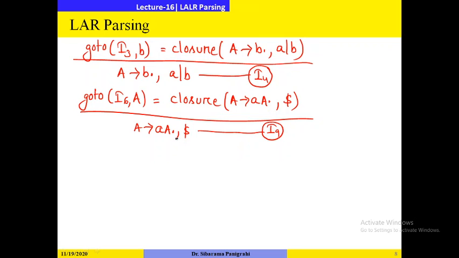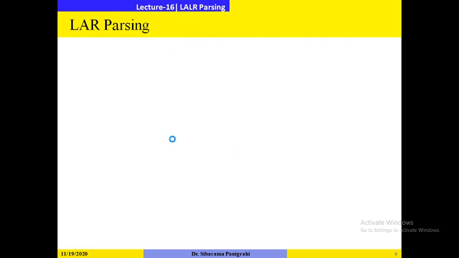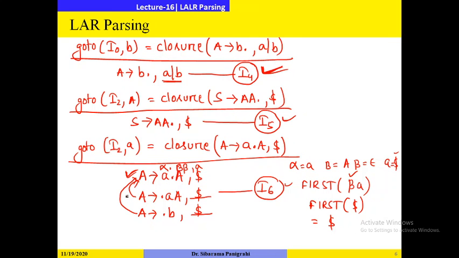Okay. So now in I6 can we jump any other symbol? Yes, you see. In this one you can jump the small a. So go to I6 comma small a.